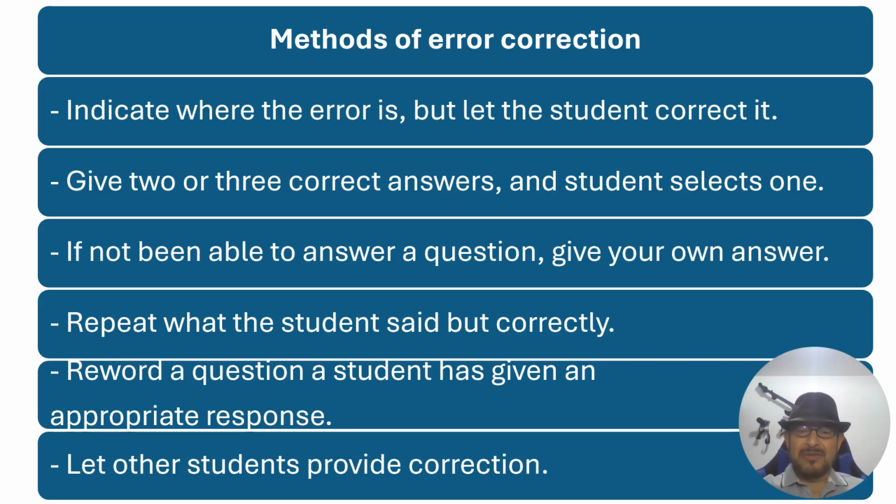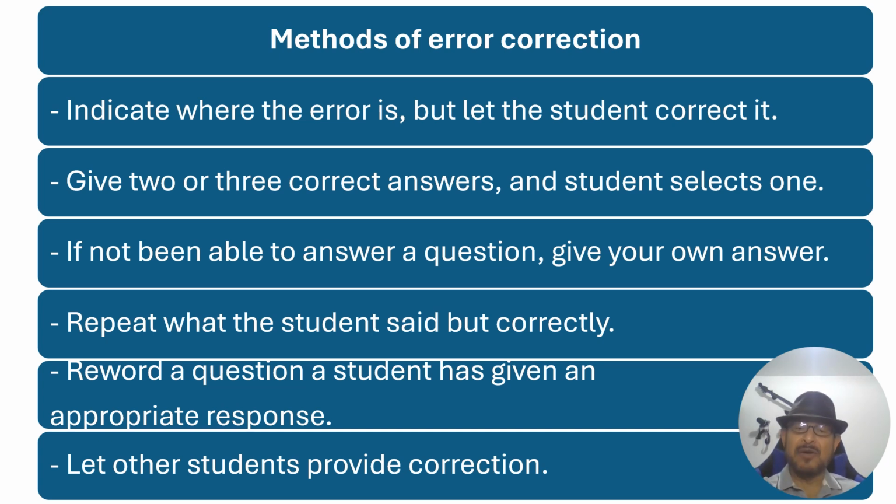There are some methods of error correction. Indicate where the error is, but then let the student correct it. Give 2 or 3 correct answers and let the student select the one he or she wants to use. If a student has not been able to answer a question, give your own answer as a model.